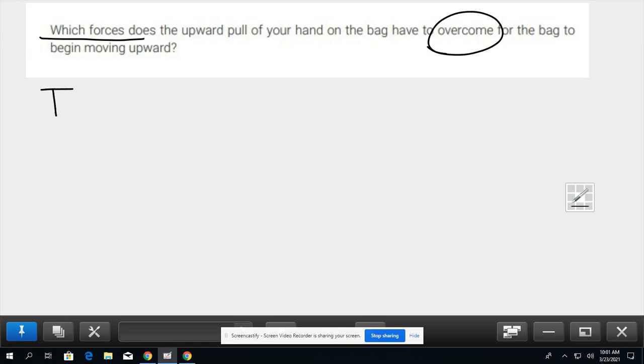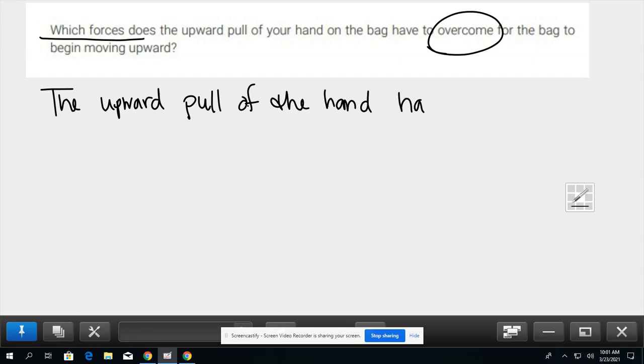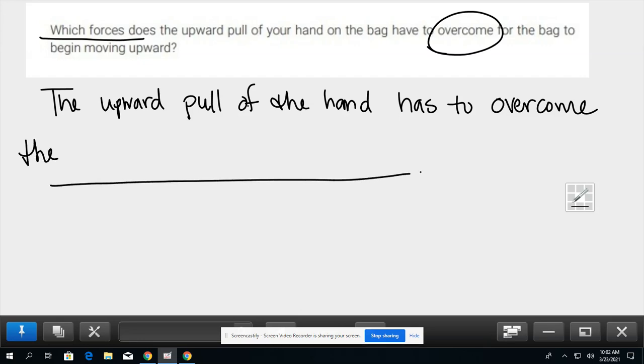Here's your sentence starter. The upward pull of the hand has to overcome the blank to begin moving upward. This can be one word, or it can be many words. You need to describe what it needs to overcome.